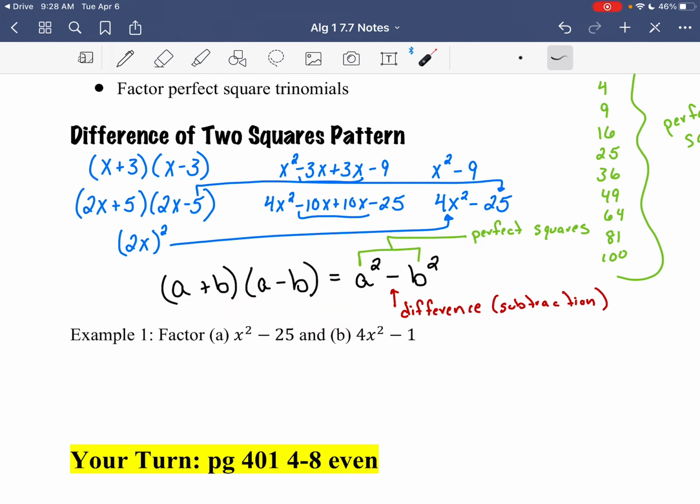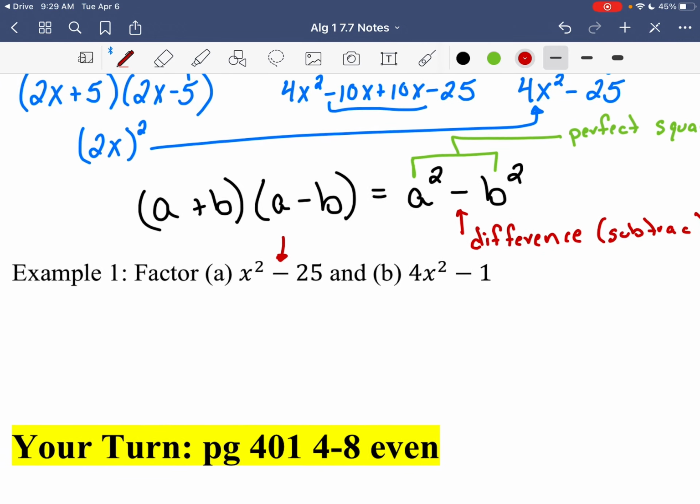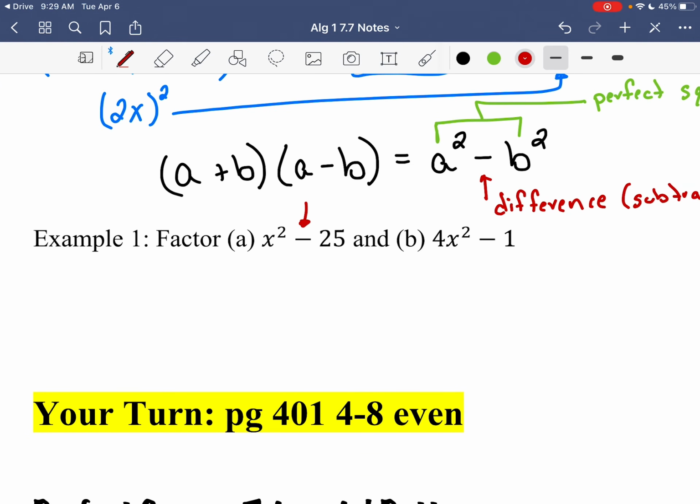So we can use this pattern now to go backwards. Again, factoring is figuring out what multiplies to give me that. So first thing we look for: do we have a difference? In this first example, we want to factor x squared minus 25. Yes, that is a difference, a subtraction. Then we look to see, are both of these perfect squares?